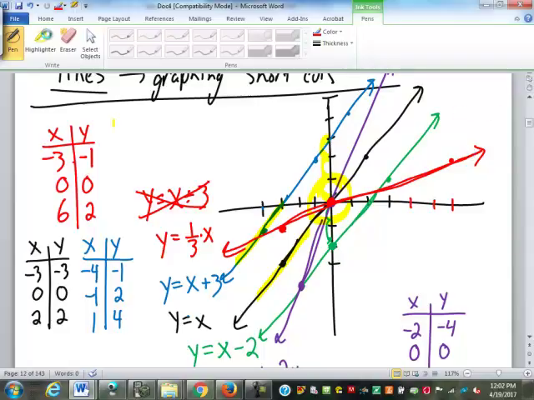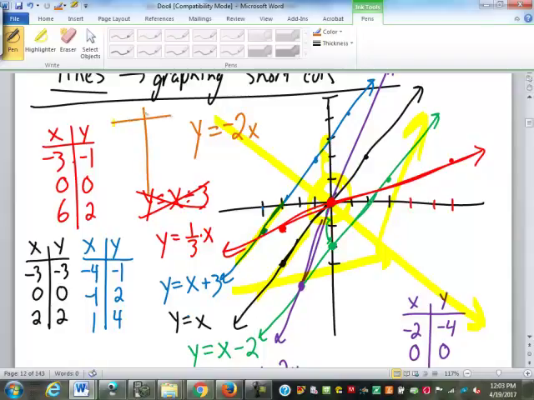So far, all of the lines we have graphed, as we move from left to right on our graph, go up. What would we have to do to make a line go down, do you think? Multiply by a negative. Exactly. So y equals negative 2x. If I graph that, if x is negative 1, what's negative 2 times negative 1?